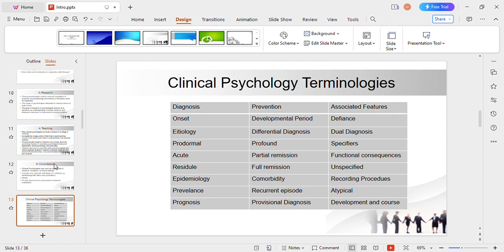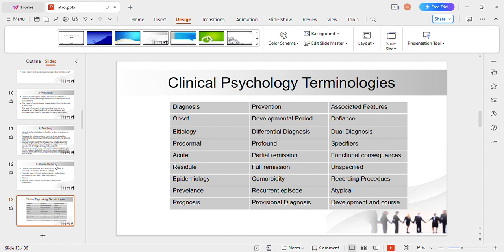And apart from prodromal, there is the acute phase, which represents the clear visible signs of disease, like you can see a person and identify he is suffering from schizophrenia. But in prodromal stage, you can just see he is having hallucinations, or maybe you are not sure if he is having schizophrenia or not.